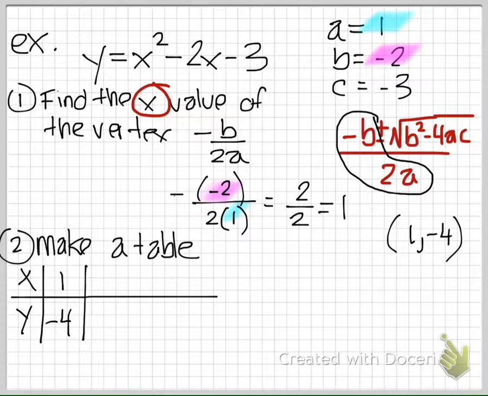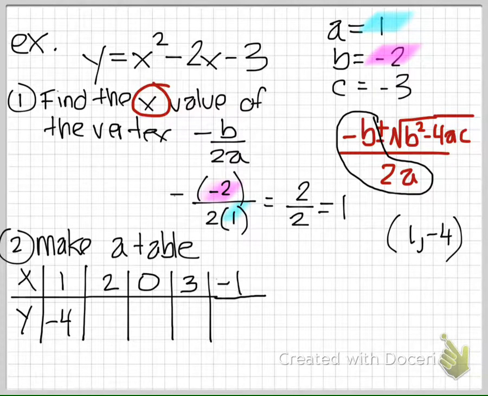Then 1 point to the right of 1 is the point 2. 1 point to the left is 0. 2 points to the right of 1 is 3. And 2 points to the left is -1. So I have a chart that looks like that. And what you ultimately need to do is take each of these values and you're going to plug them in. Now I'm going to take 2 and plug it into that original equation.